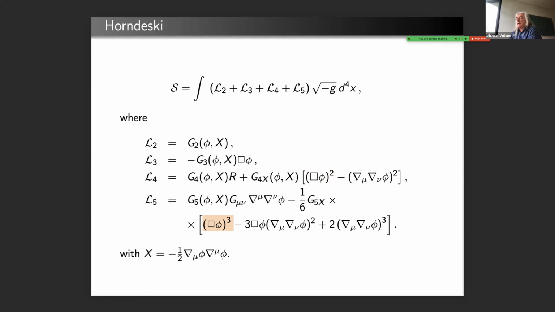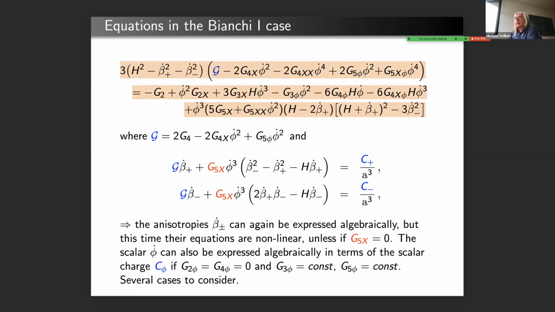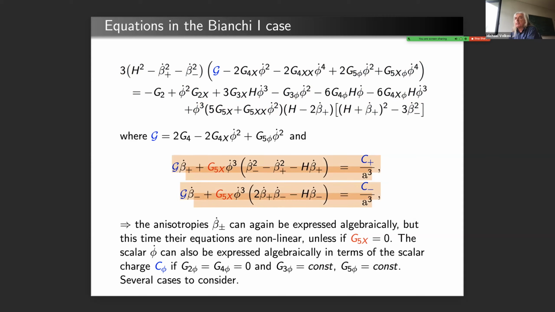Now we do the Bianchi 1 case again, and when we do the variation, we discover that the Friedmann law becomes quite complicated. But the good news is that the anisotropy equations can still be integrated, still have the total derivative structure. But this time, after integration, they receive terms non-linear in the anisotropy. And then the scalar field equation can also be integrated under the following conditions.